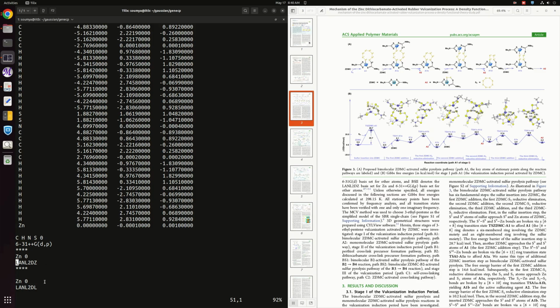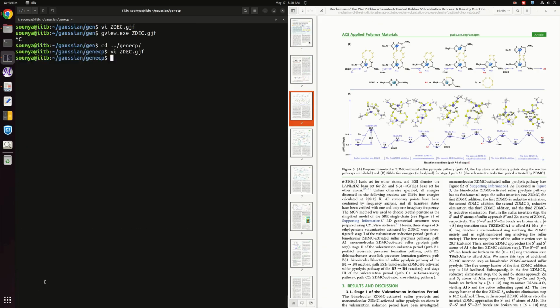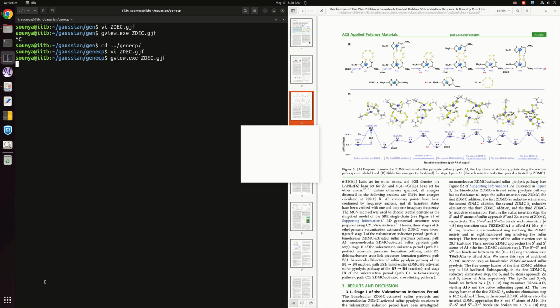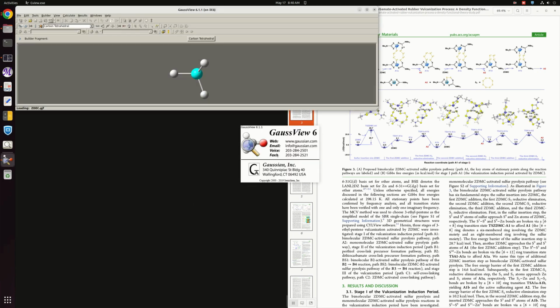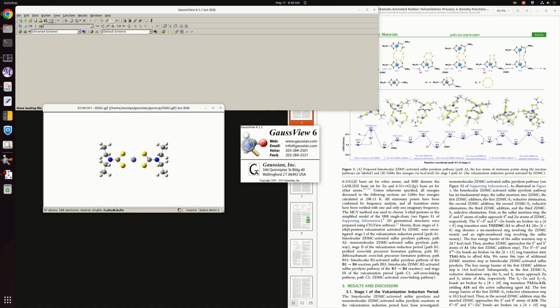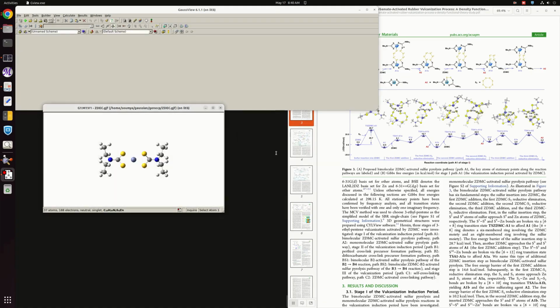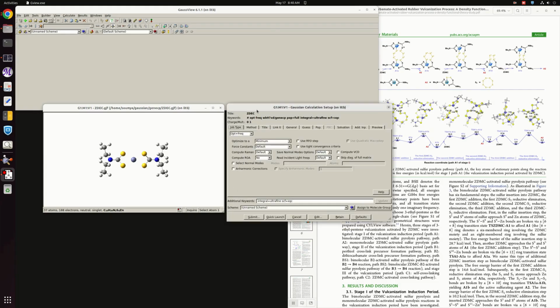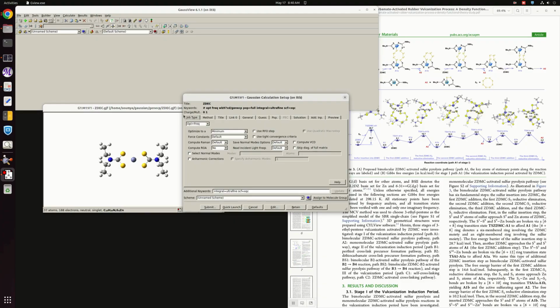Fine. Now again I am going to do the same thing. I will open this using GaussView to show you the exact setup. And let's go to this calculation method, and here you can see we are doing this OPT freq, and everything is the same, but instead of the basis set which we chose earlier as GEN, here it is GENECP.